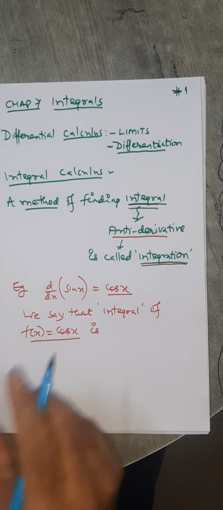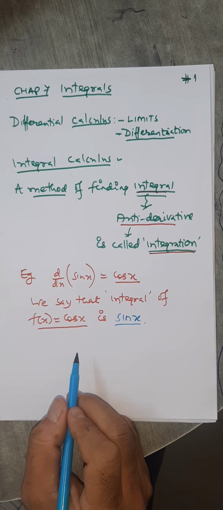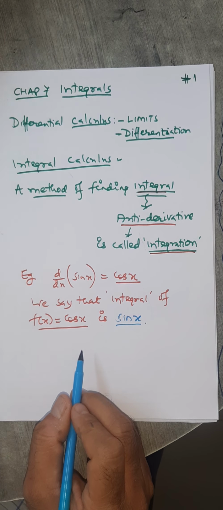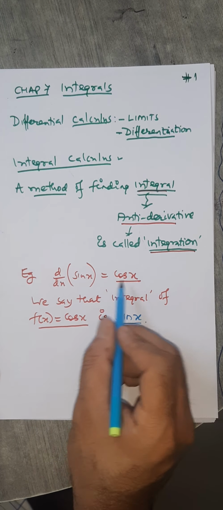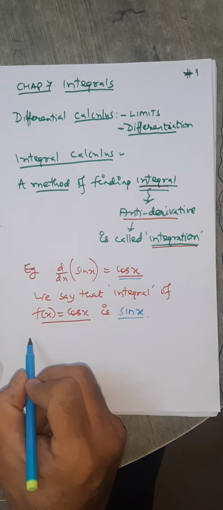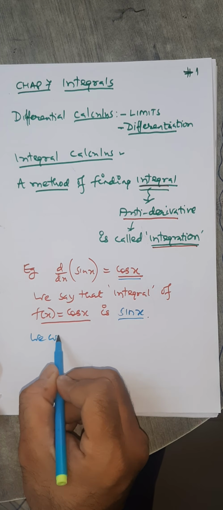It is the reverse procedure, or you can call this the inverse procedure of differentiation. The derivative of sine is cos; now we say that the integral of cos equals sine, and we write it symbolically.